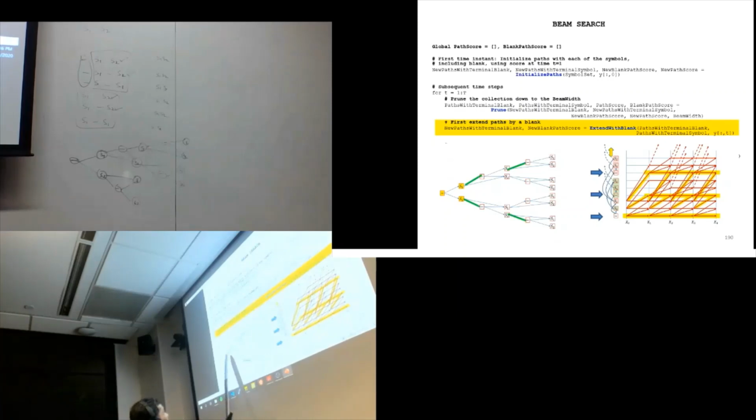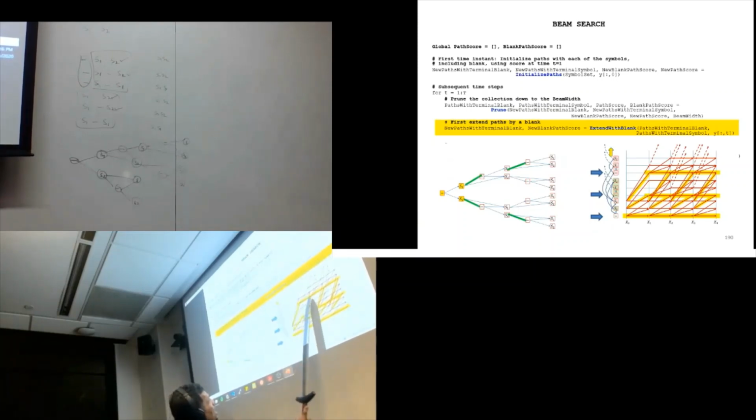Having done that, you then extend all paths that will end at blank. So in the tree, if you're at S1, you can extend this path into this blank. If you're already in the blank, you can extend the path and remain in the blank. So extension with blanks corresponds to transitions which are shown by these green edges in this graph. They also correspond to horizontal transitions at blank nodes itself.